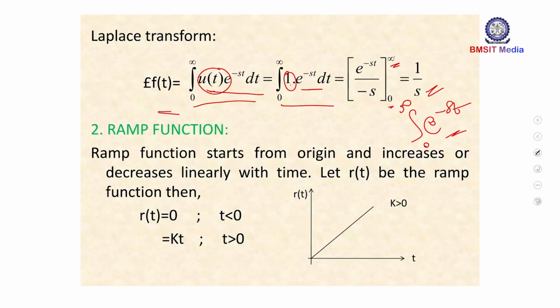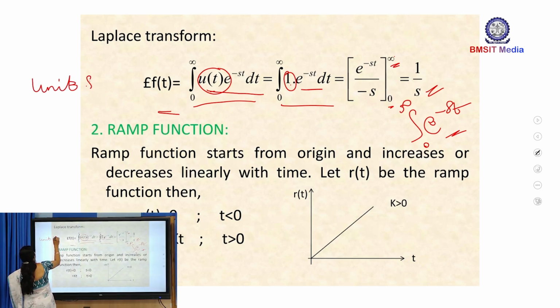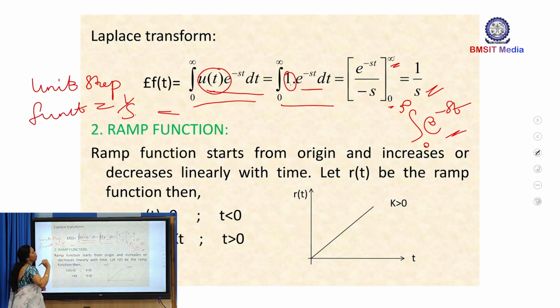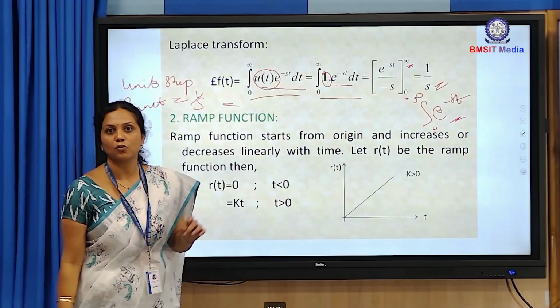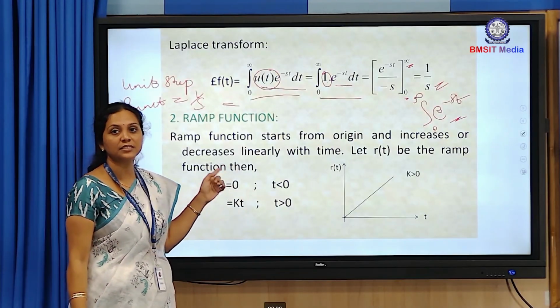Now, whenever I say that I have a function which is a unit step function, then I need to substitute the value as 1 divided by s. So, what is the final conclusion with respect to the step function?